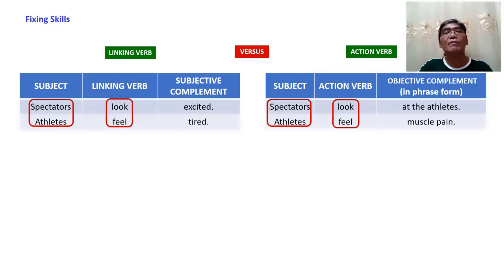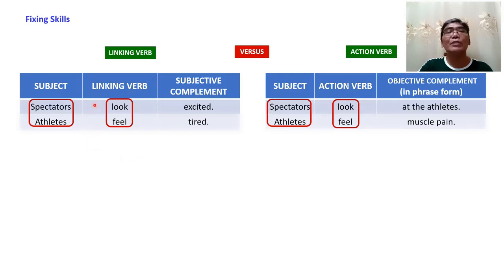Although the verbs following the pairs of subjects are the same, they are different when it comes to their functions. For example, the verbs look and feel at your left side are classified as linking verbs, while the verbs look and feel at your right side are classified as action verbs.